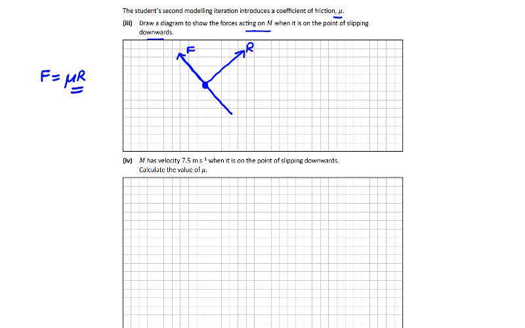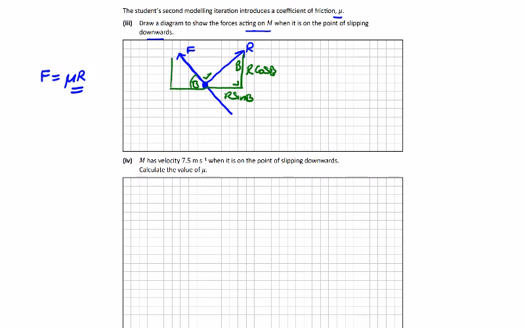If I put my angles in, I have my beta, R cos beta and R sine beta. Because this is 90 and this is 90, it means that this angle in here is beta.